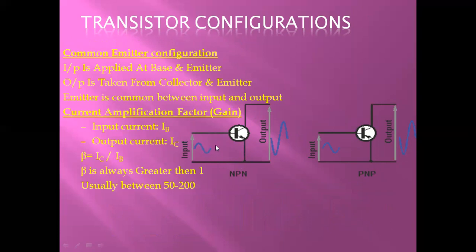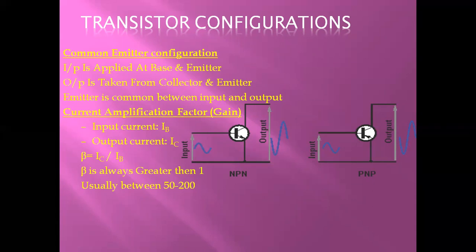The output is collected from the collector and emitter, because the emitter should act as the common between the base and the collector.